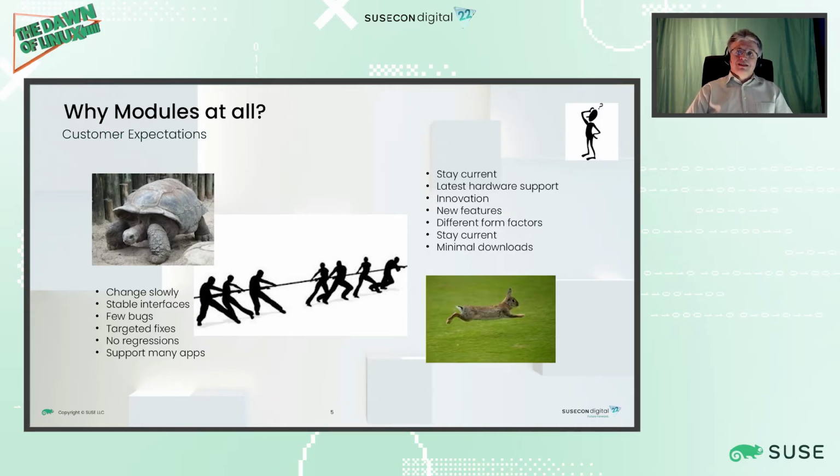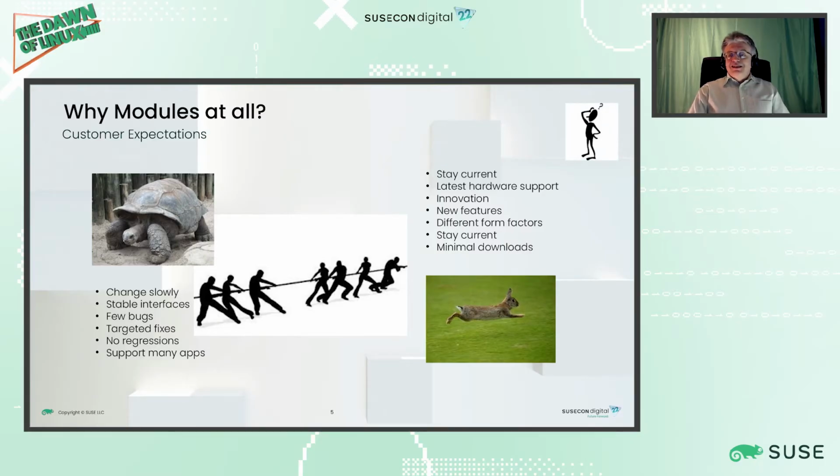They want bug fixes mostly, not so much features, and they want the bugs that they have fixed so that the fix is especially for them and their needs. They want as few updates as possible and definitely no regressions or changes in behavior. But they also want to support many applications, especially those that they need.